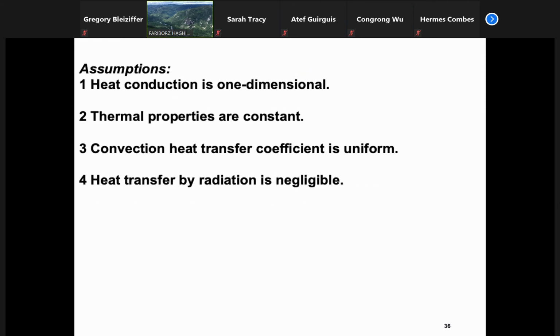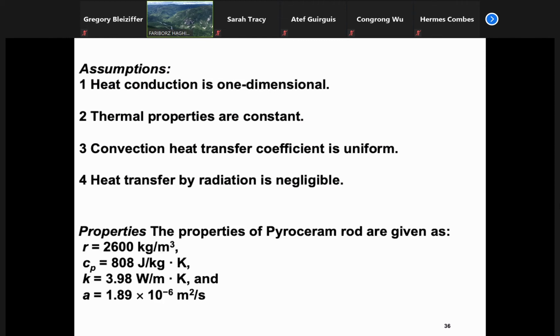We assume the heat transfer coefficient is the same everywhere. And we ignore the losses by radiation, just to simplify, okay? Because the temperature is changing, we assume the radiation exchange is very minimal. Based on these assumptions, we can start to calculate the value.